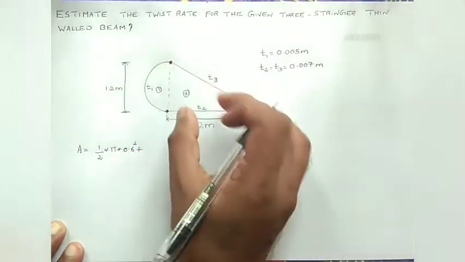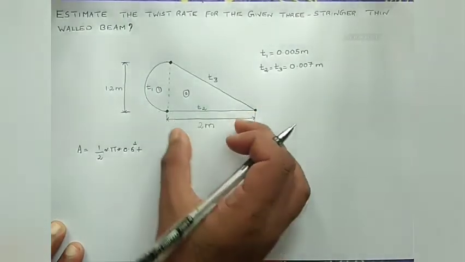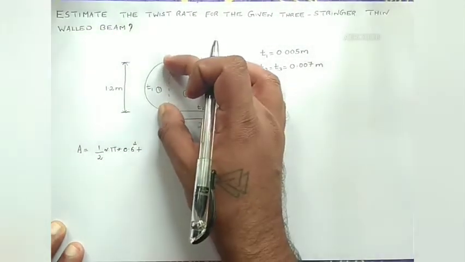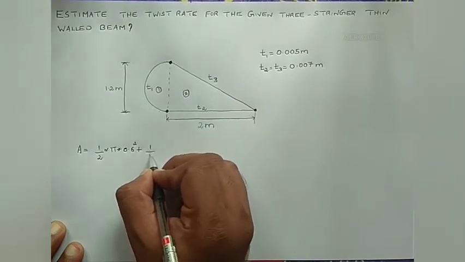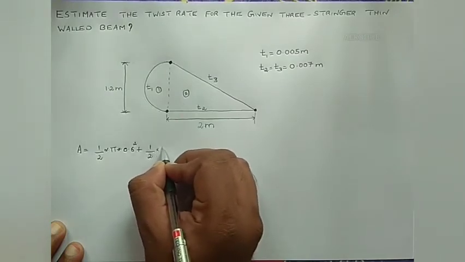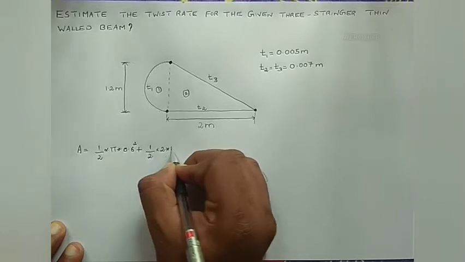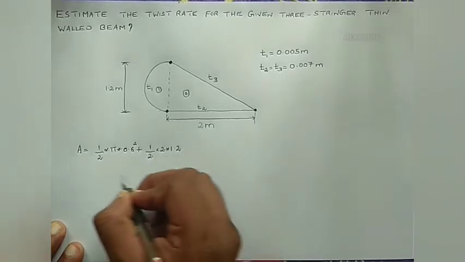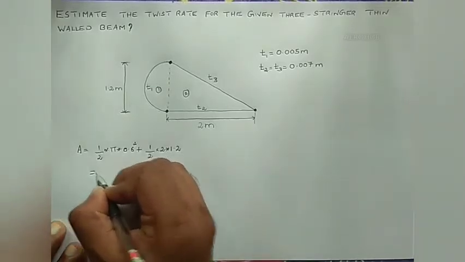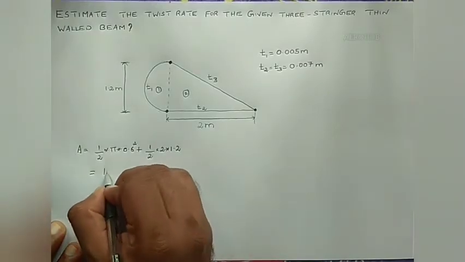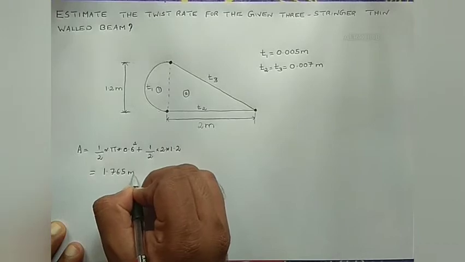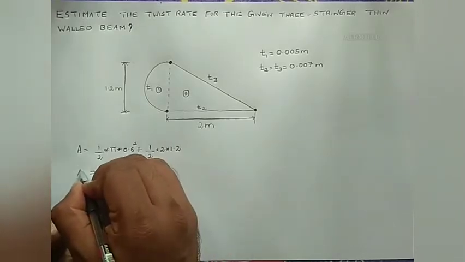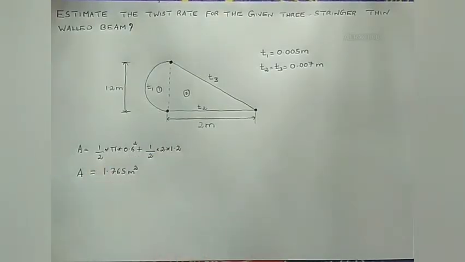Plus we have to find out the area of the triangle. The base is 2 meter and the height is 1.2 meter, so that will be half b h, that is half into 2 into 1.2 meter. So finally I'll be getting an answer of 1.765 meter square. This will be the area of the entire section.